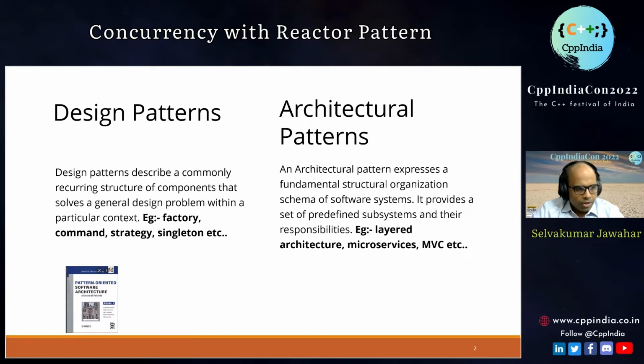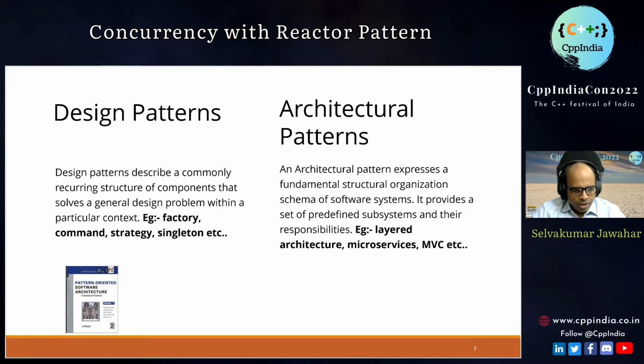When we talk about patterns, by default we are talking about design patterns, and this has been popularized by the GoF, Gang of Four book. The common design patterns which we all use are factory, command, strategy, singleton, etc. Now, what is an architectural pattern? An architectural pattern provides a fundamental structure to a software system.